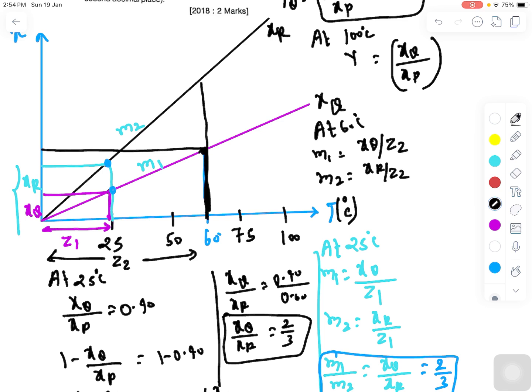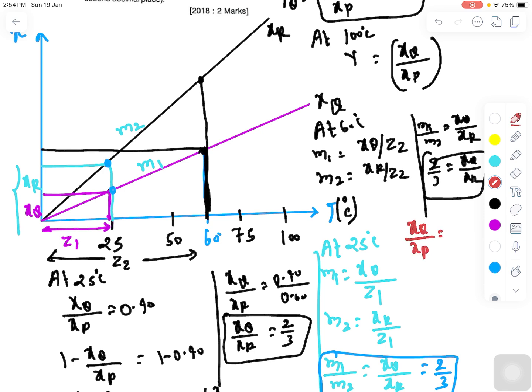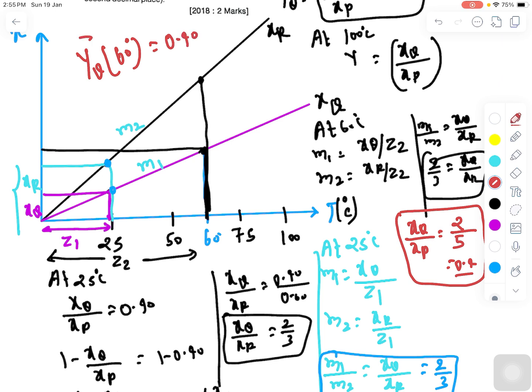So m1 by m2 is equal to XQ divided by XR, which is 2 by 3. The slope is not going to change, because this is a straight line. So if XQ divided by XR is 2 by 3, then XQ divided by XP is 2 divided by 5, which is 0.4. So the yield of Q at 60 degrees centigrade is also 0.40.